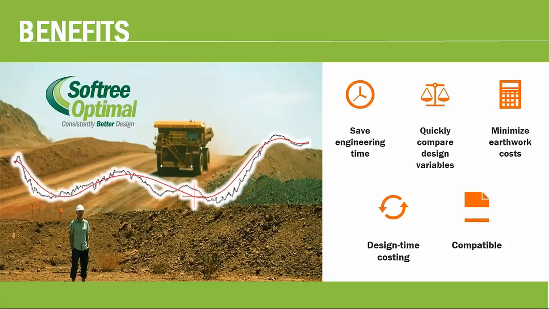Softree Optimal is also a dynamic design tool, so it provides you with real-time costing information as you design. This allows you to generate multiple optimal alignments quickly, which allows you to quantitatively compare different design options, whether it's design speed or different horizontal alignments. Jack will go into more of that in the demo today.